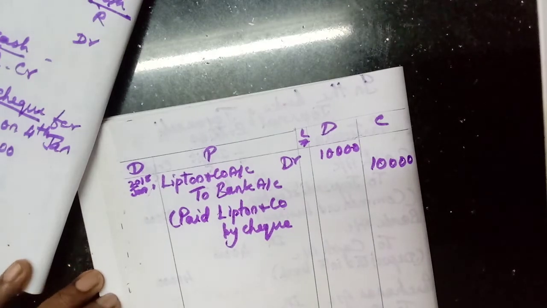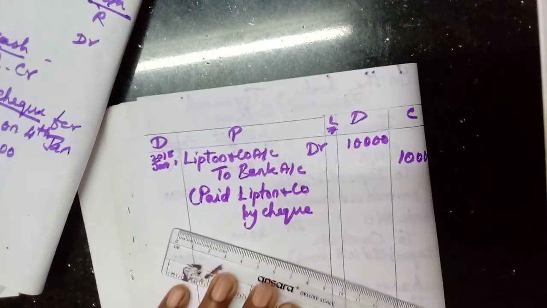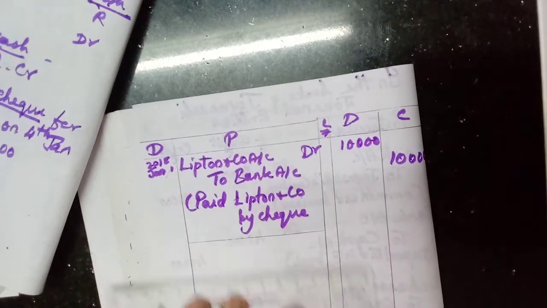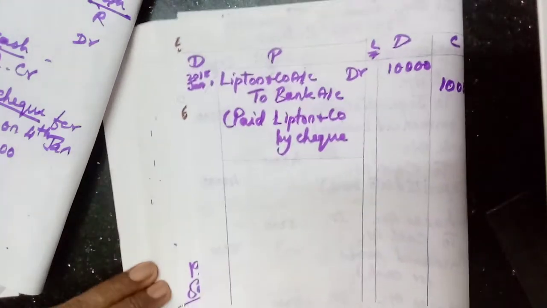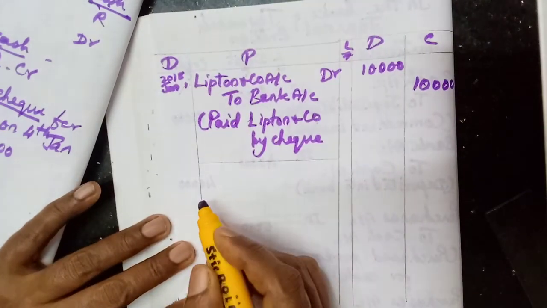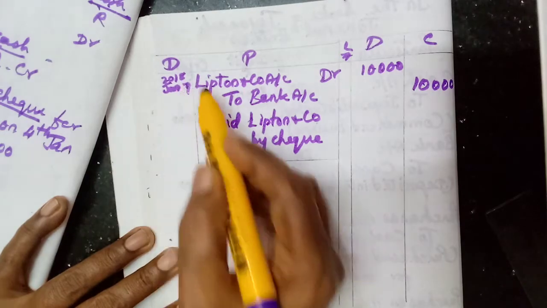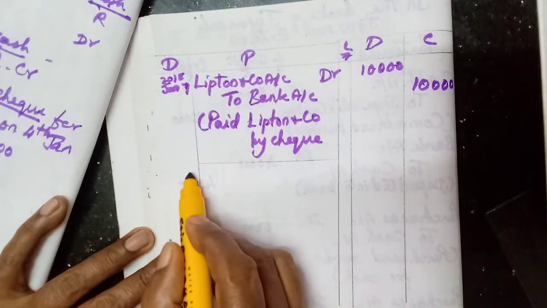Then draw a line. Then here 7. Okay, the next one, 8.